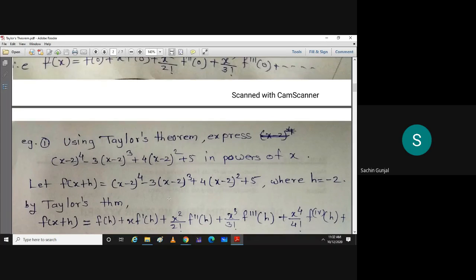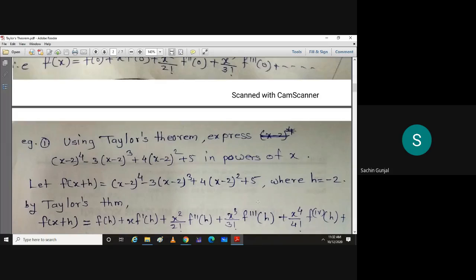What is f of x in this function? Because we need to find its derivative and its value at minus 2, then the second derivative, its value at minus 2, and so on.